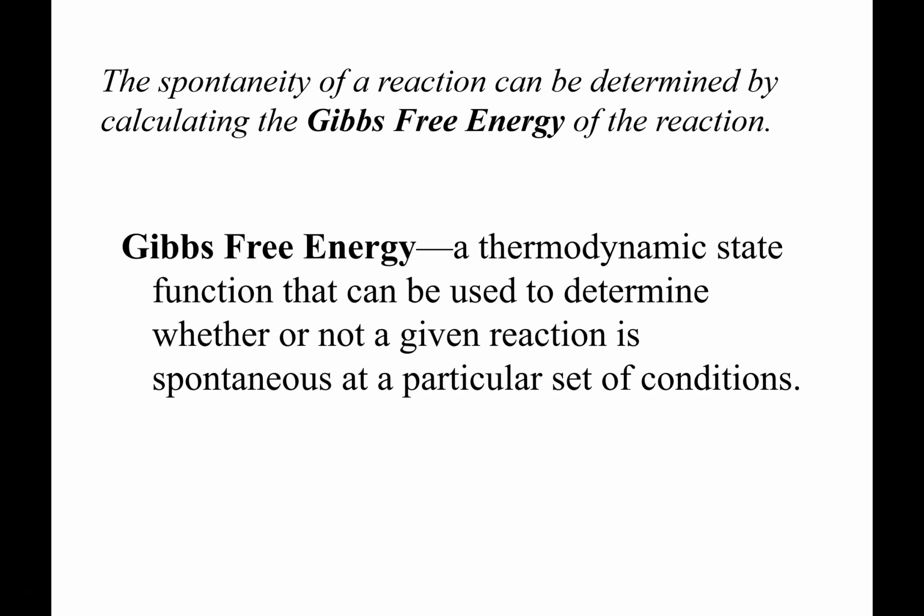And if you take your matter and disperse it out, that means it's becoming more chaotic, so your entropy is increasing. So your delta S there is greater than 0. And this actually is spontaneous.